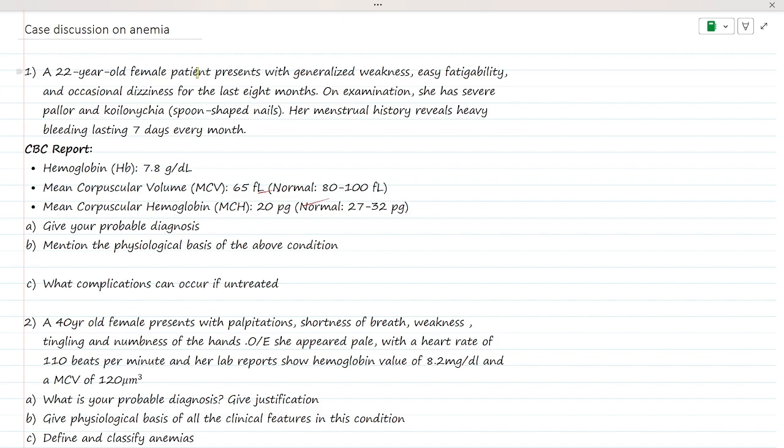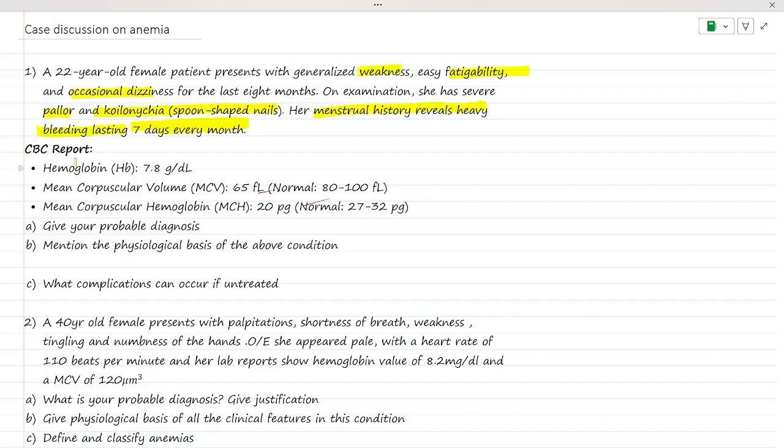A 22-year-old female patient presents with generalized weakness, fatigability, and occasional dizziness for the last 8 months. On examination, she has severe pallor and koilonychia, that is, spoon-shaped nails. Her menstrual history reveals heavy bleeding lasting 7 days every month.